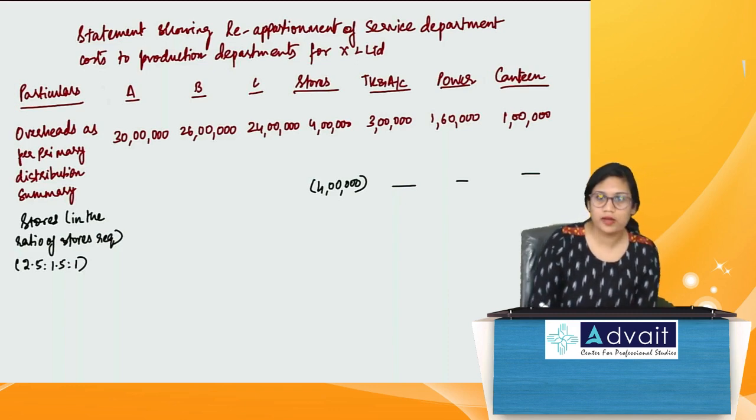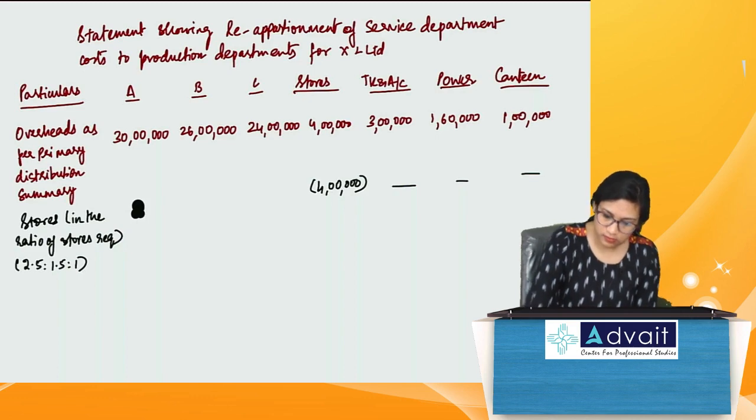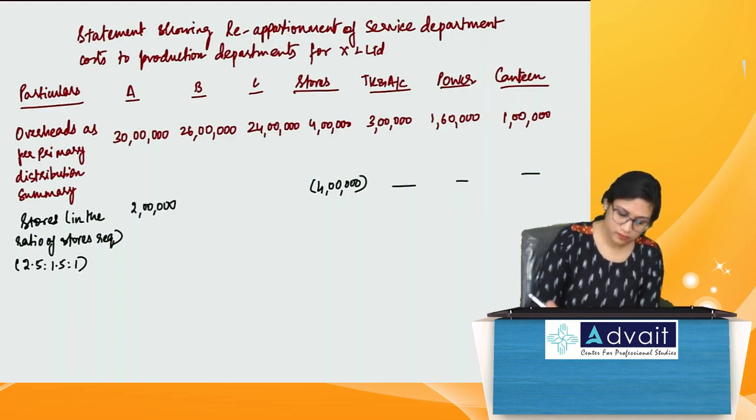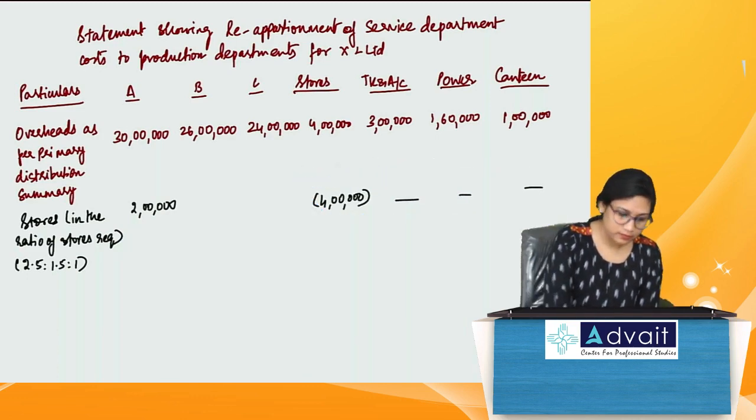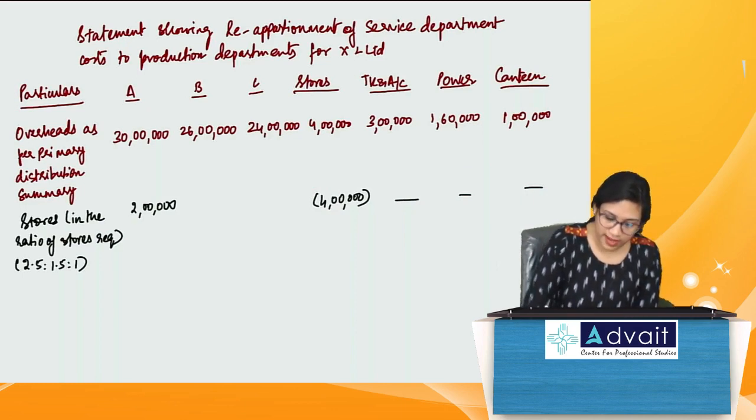So the first one is 2 lakh. Second one is 1,20,000.